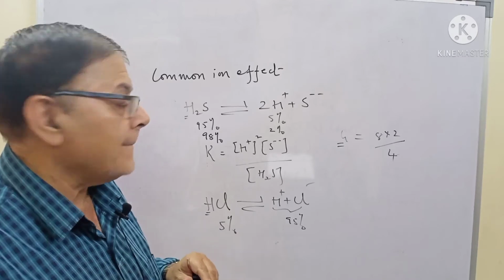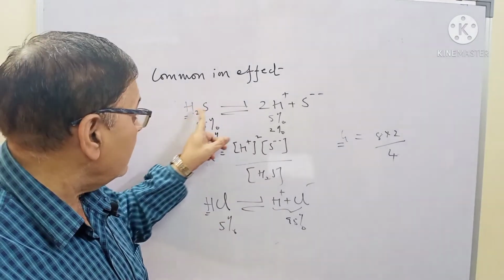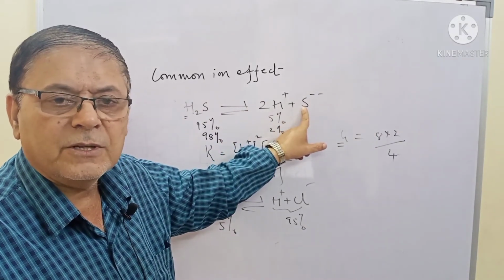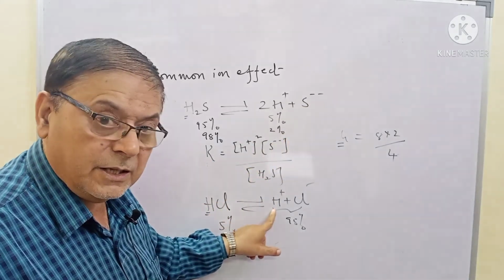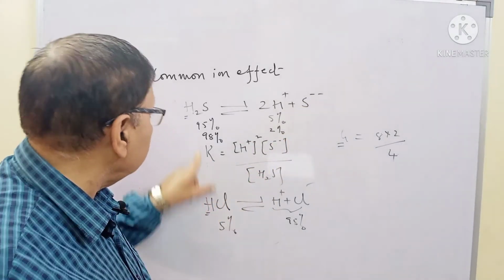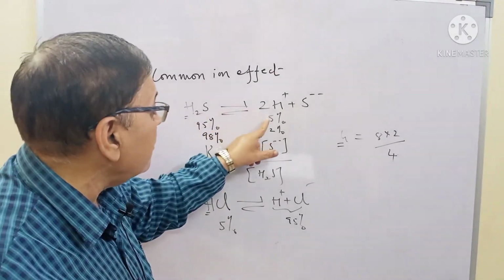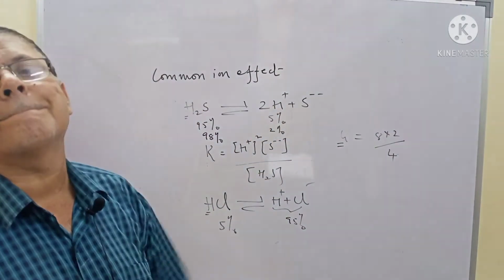So what is common ion effect? First point, if to a weak electrolyte, meaning dissociation 5%, 7%, 8%, a strong electrolyte containing the common ion is added, then the dissociation of that weak electrolyte is further suppressed.